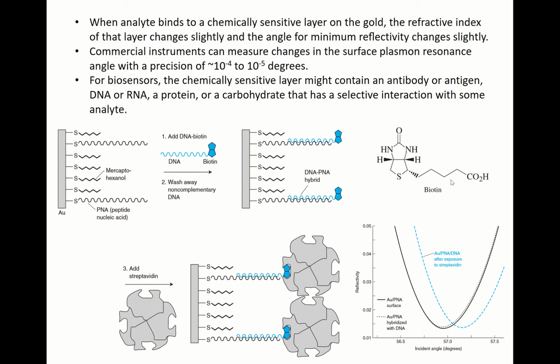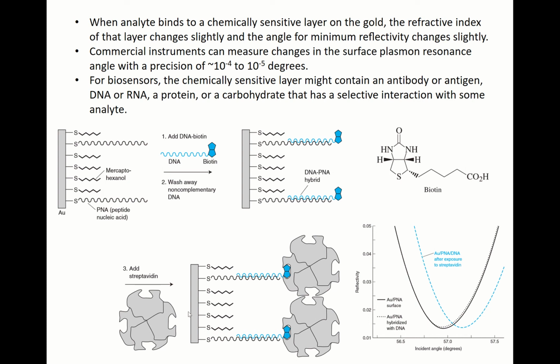Then you bind this biotin to DNA and wash away the non-complementary DNA. Since the complementary DNA is connected to the biotin, it makes a double strand, and then the surface has been changed. This molecule is now bound to the surface, and the surface plasmon angle changes.